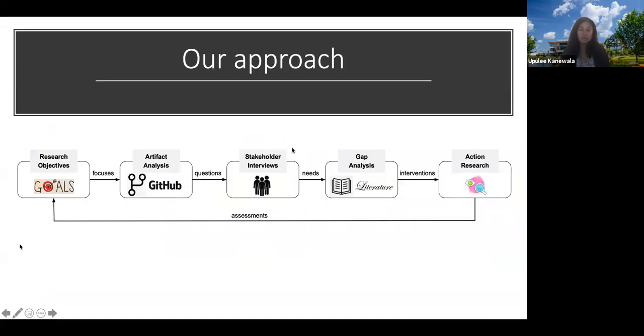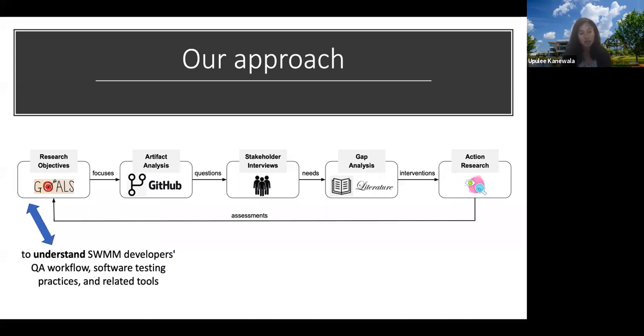So with that goal in mind, the specific approach that we used in this study is as follows. Our research objective was to understand SWMM's quality assurance workflow, as well as any testing practices and related tools that they would use.